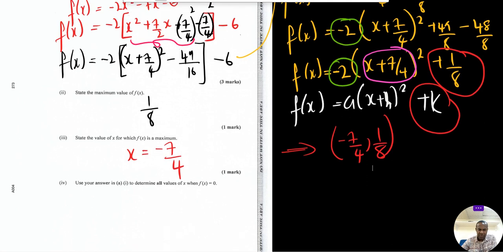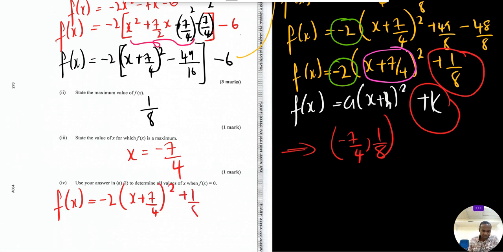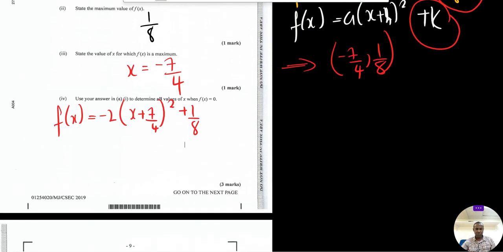And so we can basically write that f of x equals minus 2 bracket x plus 7 over 4 all squared plus 1 over 8. Now, we want to solve f of x equals 0, and so, of course, we must equate this to 0.